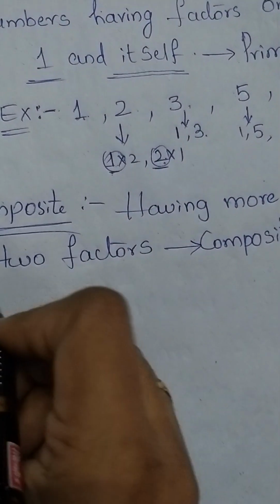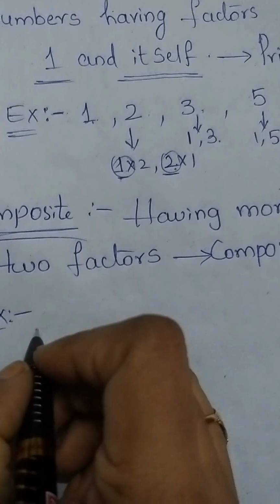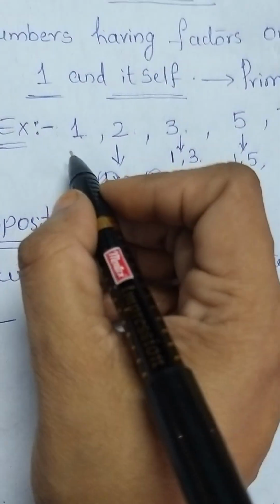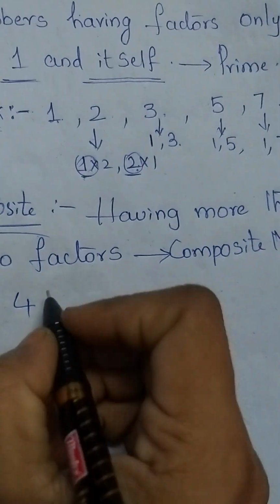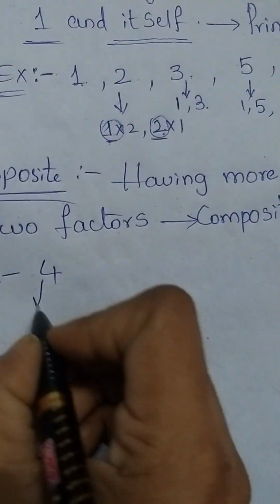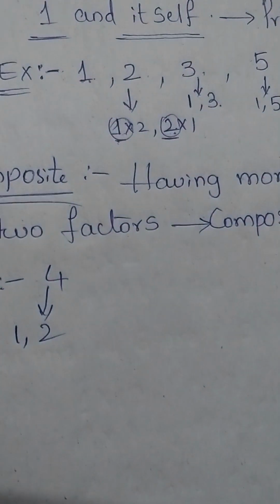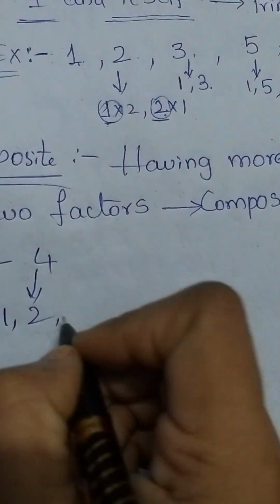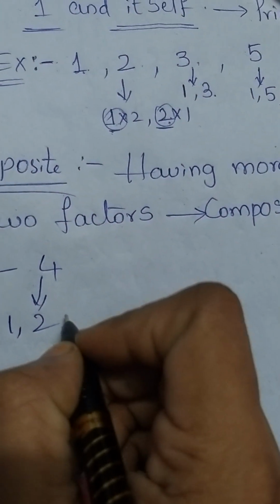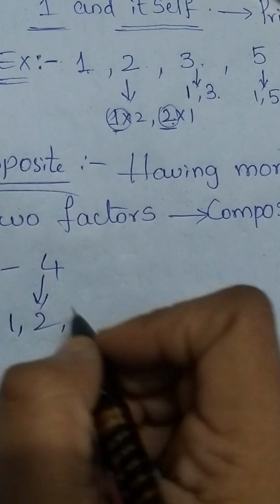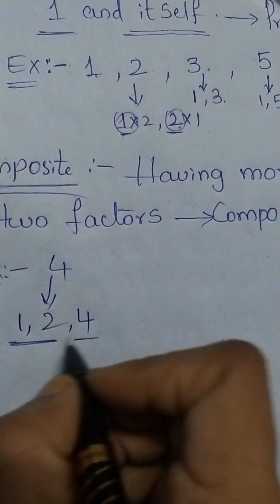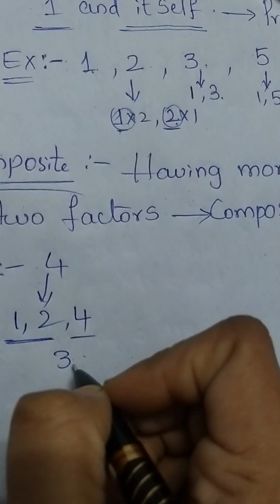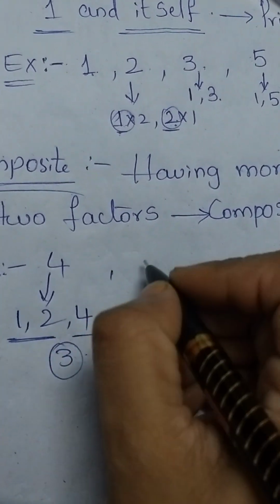Let me show an example. 2 is prime, 3 is prime, 4 is composite because it has 1, 2 and 4; 3 does not divide 4. 4 itself is a factor. More than 2 means 3 factors are there. And next 5 is a prime number.